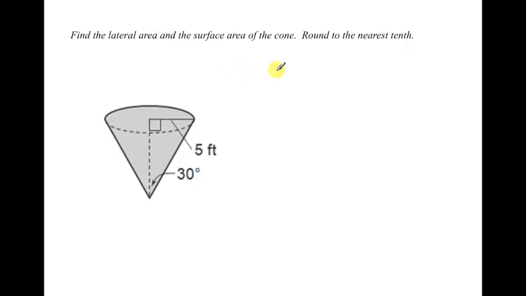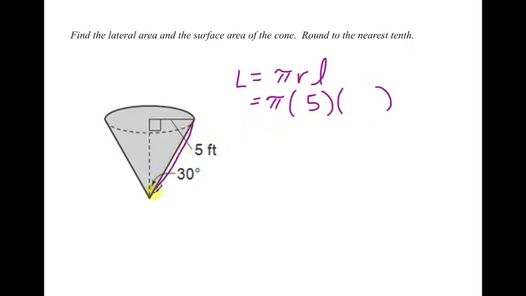So let's check it out in an example. We're going to find both lateral and surface area of this cone. So let's jot down our formula for lateral area, pi r times slant height. We know the radius is 5, so we can plug right in. But we do not know the slant height. We don't know this distance. I do notice it's a 30-degree angle, and with the 90, this must be a 30-60-90.